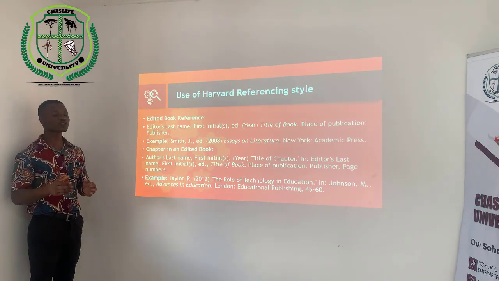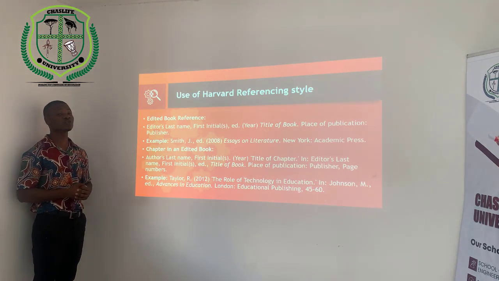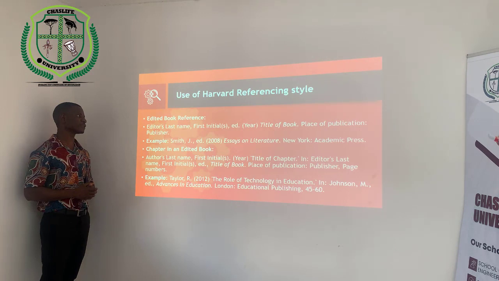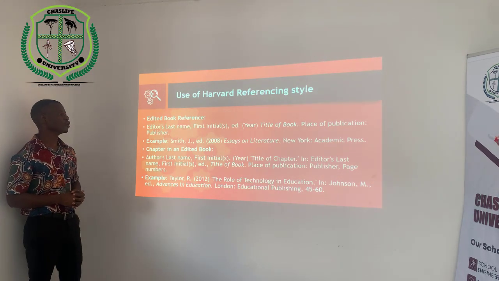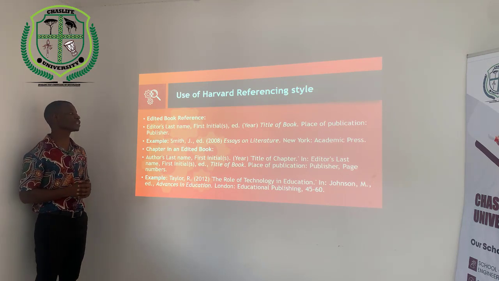Okay, so we also proceed to another stage on how you can write your academic assignment. Here we're still using Harvard referencing style. Now you are using edited book reference.